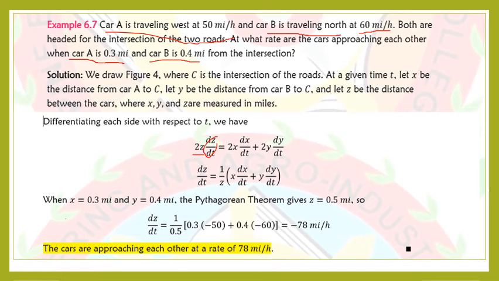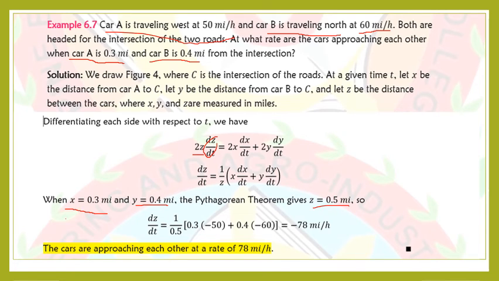So, dz over dt class, kasi yan yung kailangan natin. Multiply tayo both sides by 1 over 2z. So, we get 1 over z, x dx over dt plus y dy over dt. When x is equal to 0.3 miles, and then y is equal to 0.4 miles naman, so, i-substitute natin dun sa Pythagorean theorem, it gives z is equal to 0.5 miles.